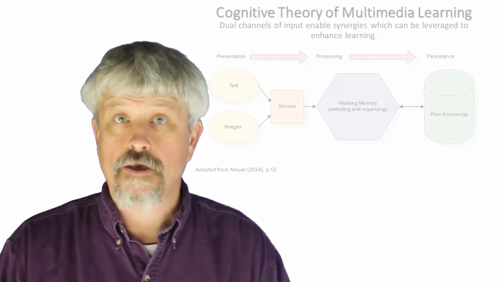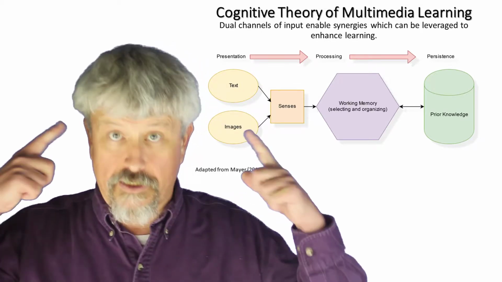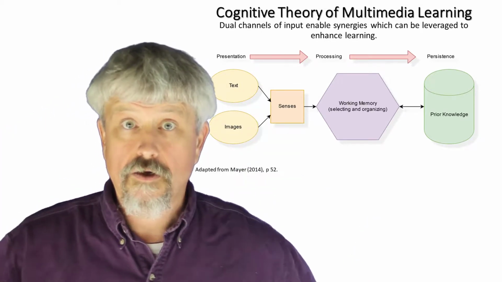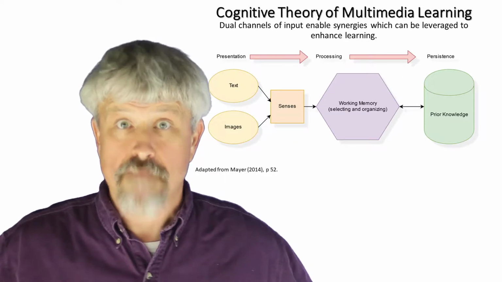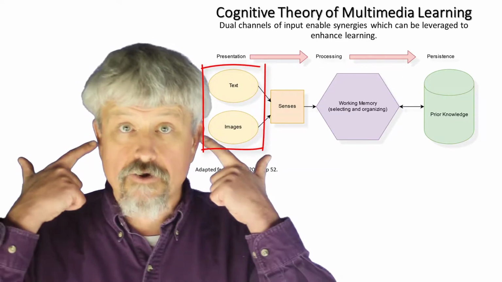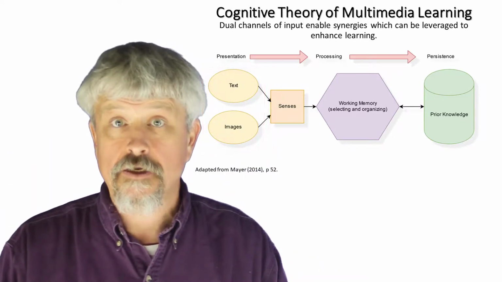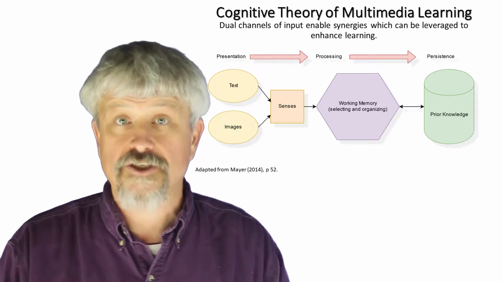Another theory is the cognitive theory of multimedia learning, which also tries to describe the processes that go on in our brains. But what's different here is the multimedia part of the name. We use vision and hearing simultaneously and synergistically to learn information.